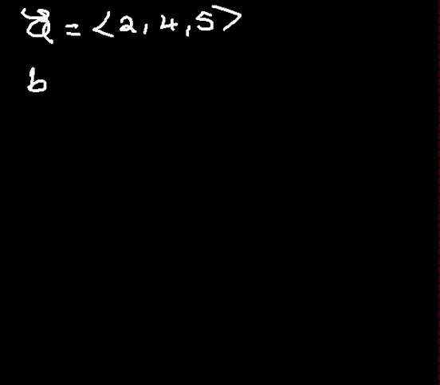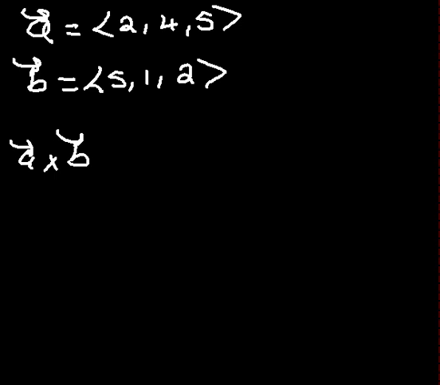And we have a vector B in component form given as, let's say, 5, 1, 2. Now, what is the cross product of the vectors A and B, if this is the case? How should you be able to get that out?